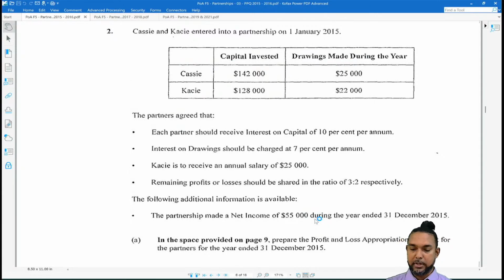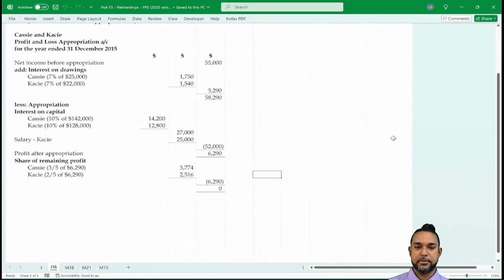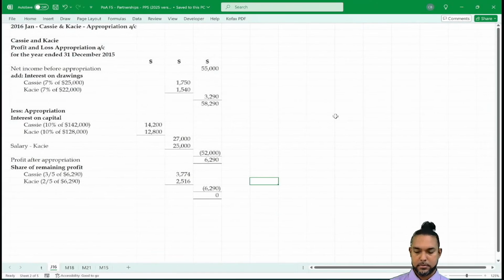And what I'll do for my online people is send you guys a picture of what's on the screen. Right, I'm also going to send a picture of this because we are going to be pulling information from the appropriation account.